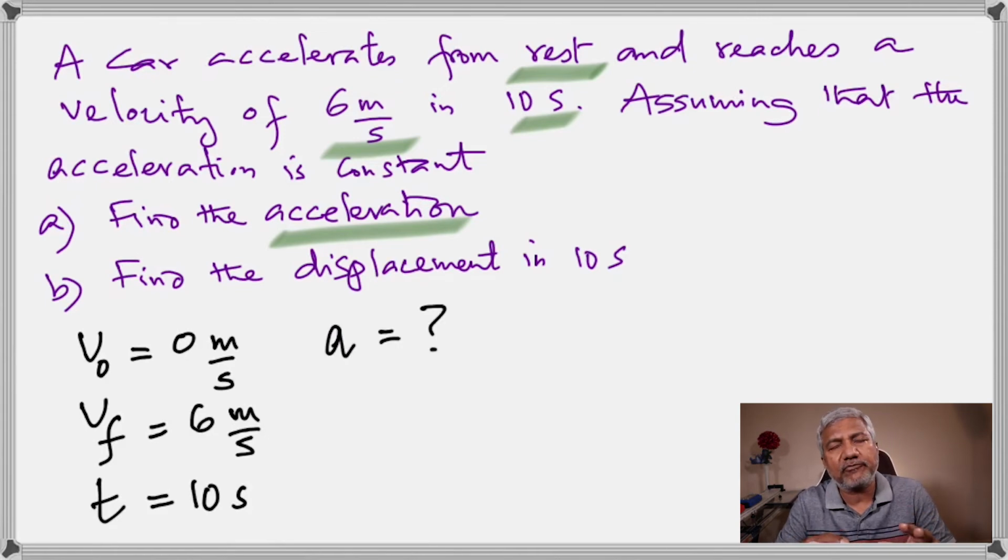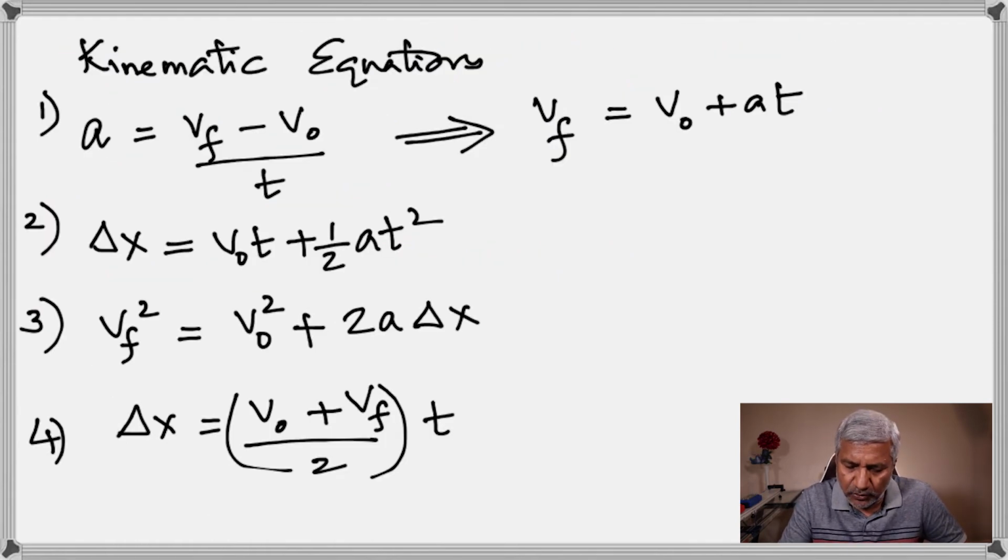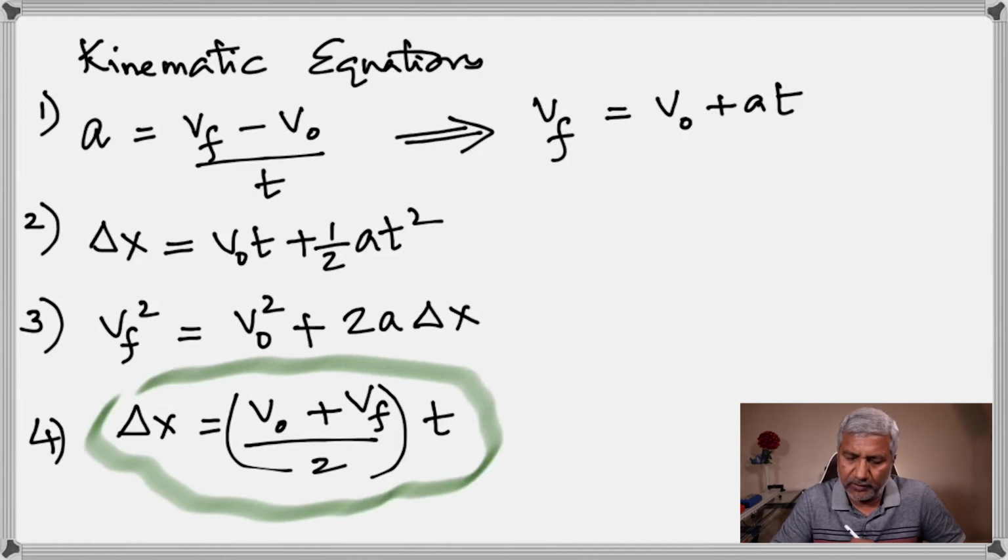So you not only have to write down the quantities that are given, you also have to write down what you're looking for. In this case, it's acceleration. When you do that and you look at the equations, you are able to make out that you cannot use this one. Why? Because it has no acceleration in it.